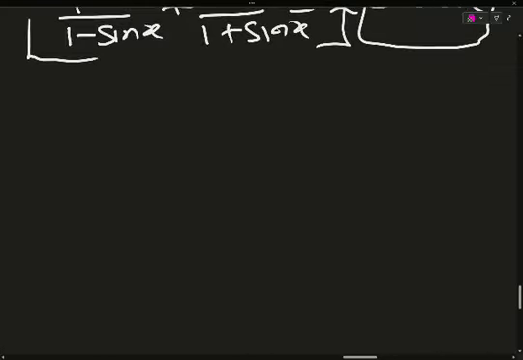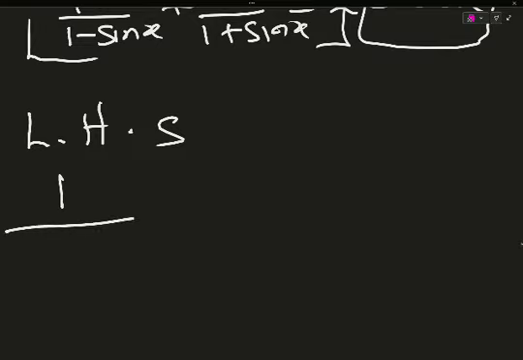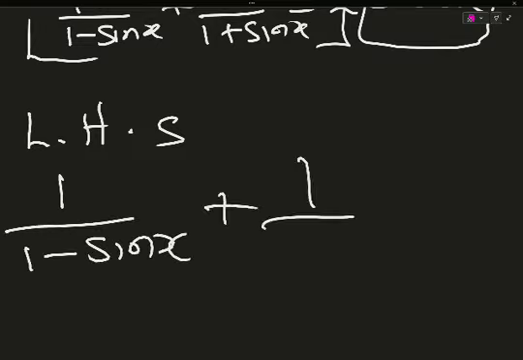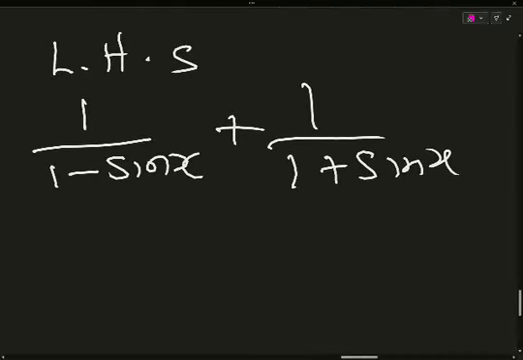So I'm going to say left hand side. What is on my left hand side is simply 1 over 1 minus sine x plus 1 over 1 plus sine x, right? So let's solve to see if this is equal to 2 sec squared x.